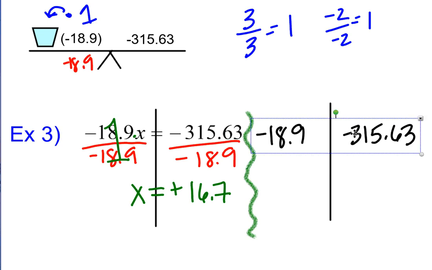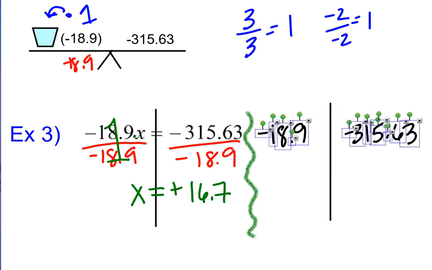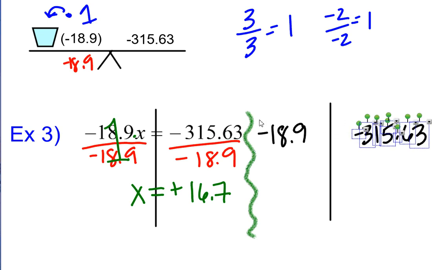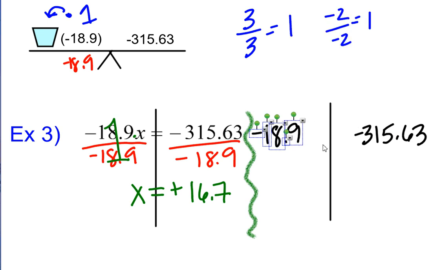Give me a little more movement. Maybe not. There it goes. I'm going to get these over here. Give me a little more space. Sometimes I write a little too close together. Thank you for your patience.